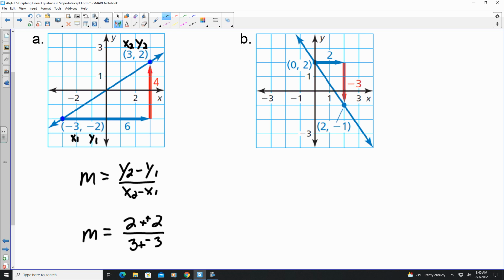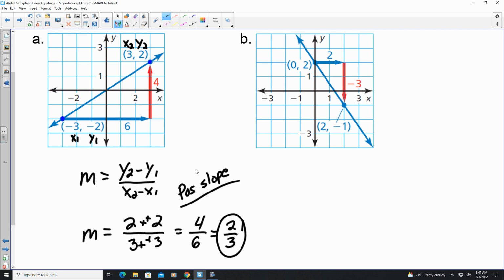Both of these numerators and denominators have a change of sign situation. So now I get 4/6, which gets reduced to 2/3. Since 2/3 is positive, this is a positive slope.